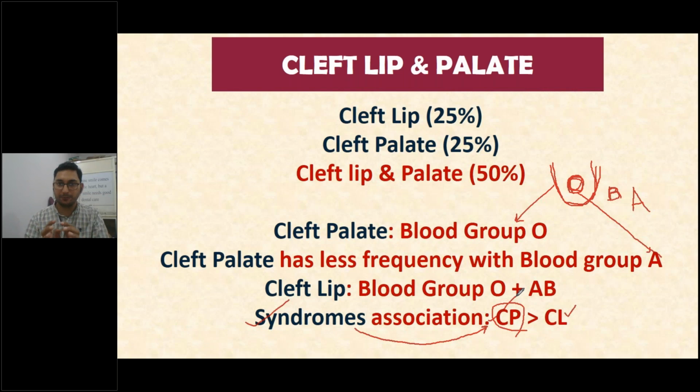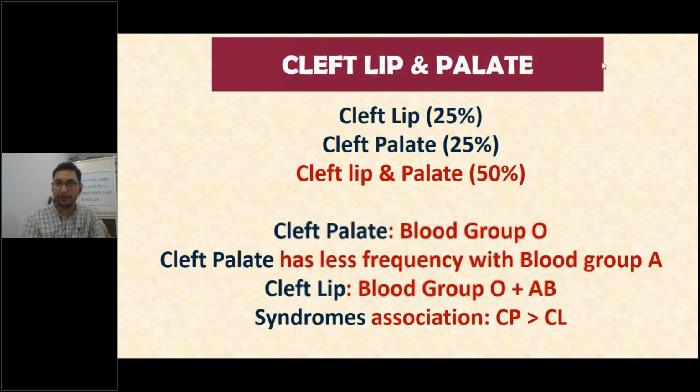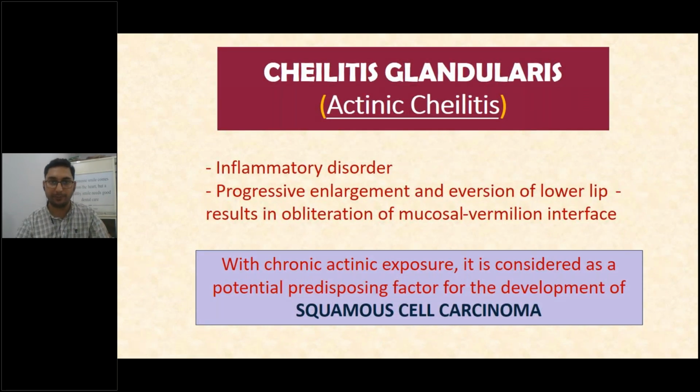So syndromes with cleft palate, O blood group for cleft palate, cleft palate least with A blood group, cleft lip with both, two lips, upper and lower, so A and AB. Anyway, you can remember. So this is all about cleft lip and palate.